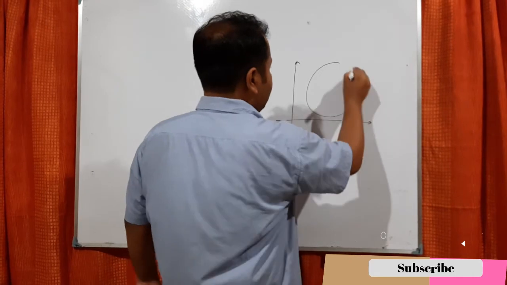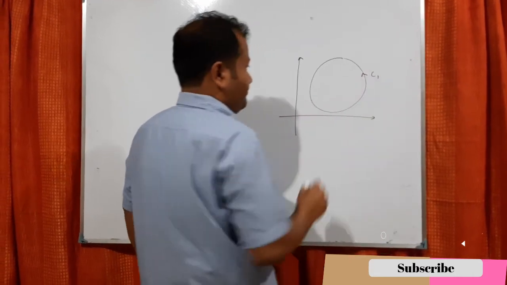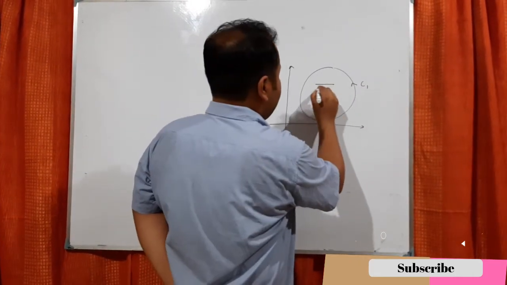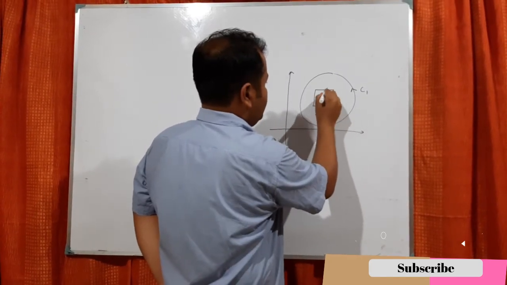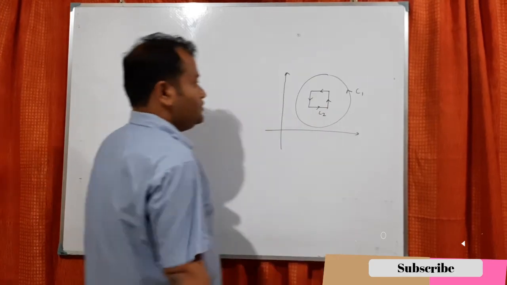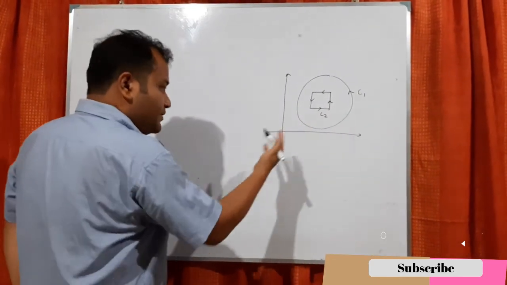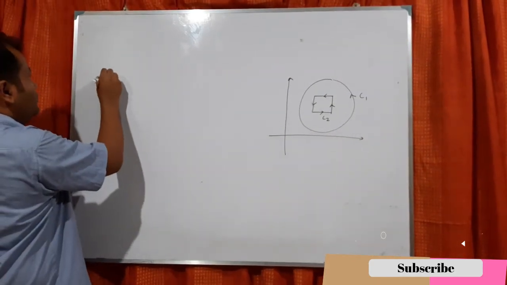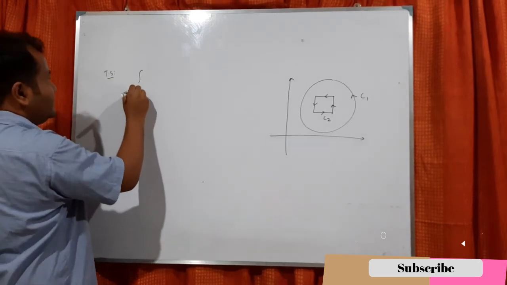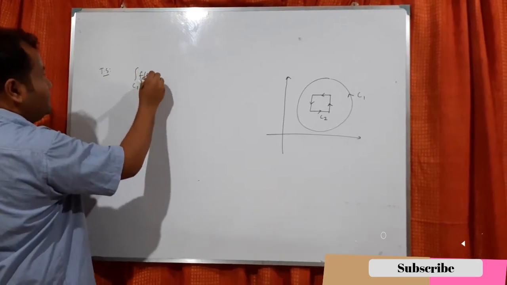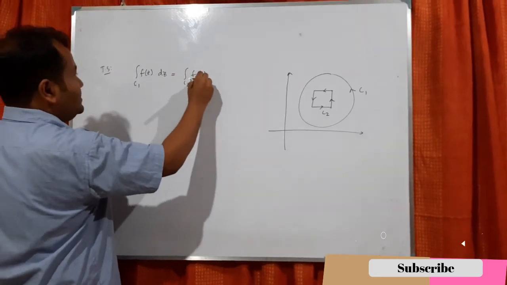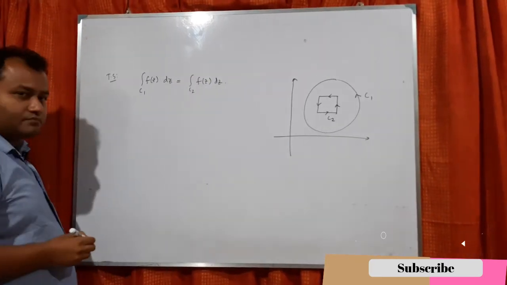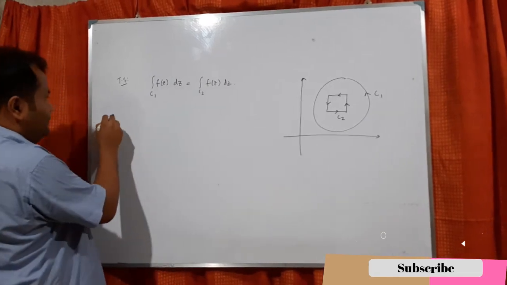Suppose again I am taking a circle, say C1, and within the circle I am taking a square, C2. The same result, so we have to show integration over C1 f(z) dz is the same as over C2 f(z) dz. So what will we be doing?